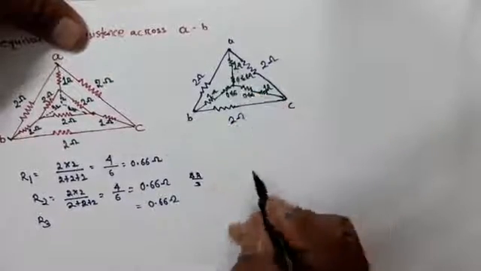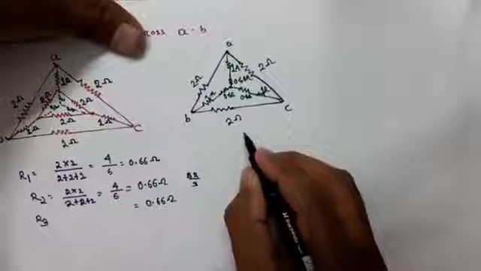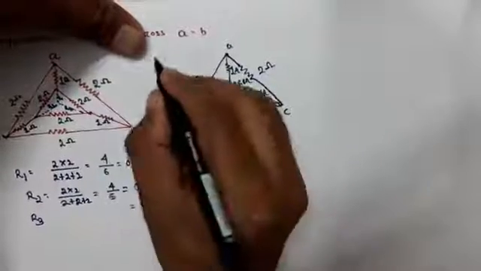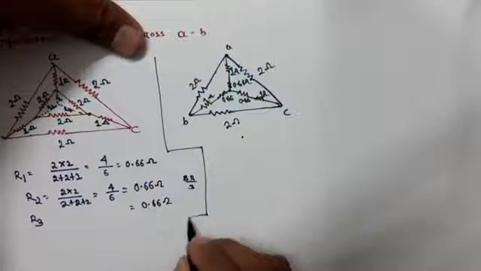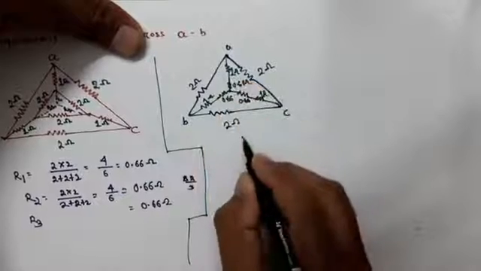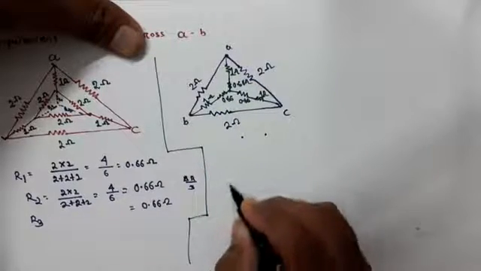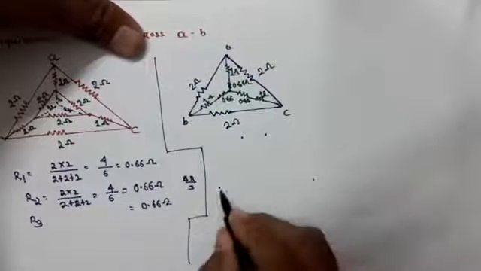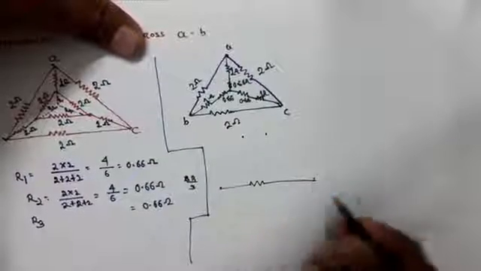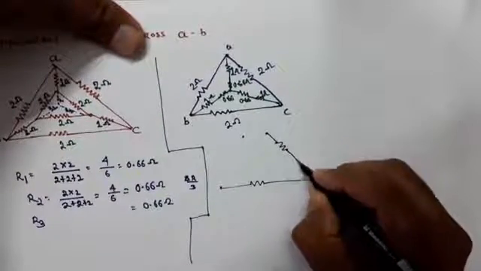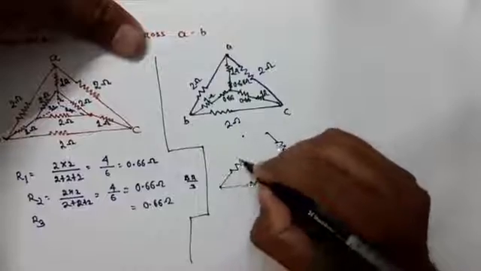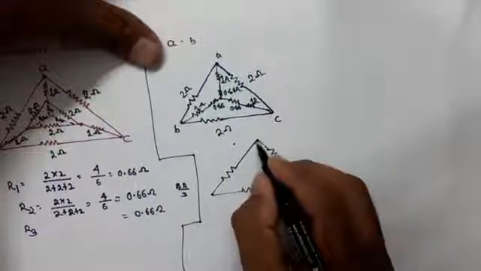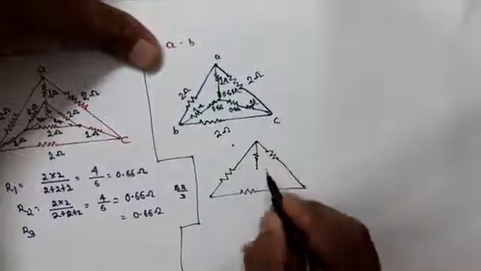This is series. Then the final equivalent is like that. These two are in series, so we can modify it to a single star network.